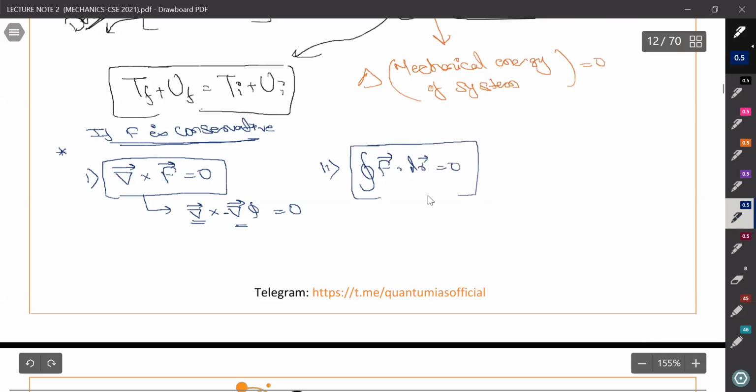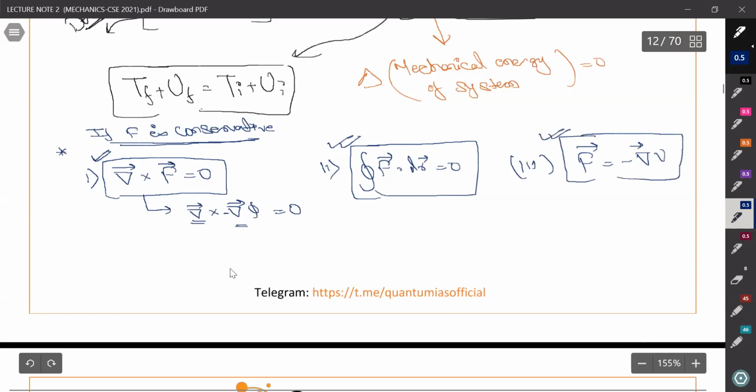In a round trip or in a loop, the net work done will be 0. This is the first one. This is the second one. Okay. The third one: if a force is conservative, then the force will be the what? The gradient of potential energy. This is the third one and the important one. All of these results are simultaneously true.